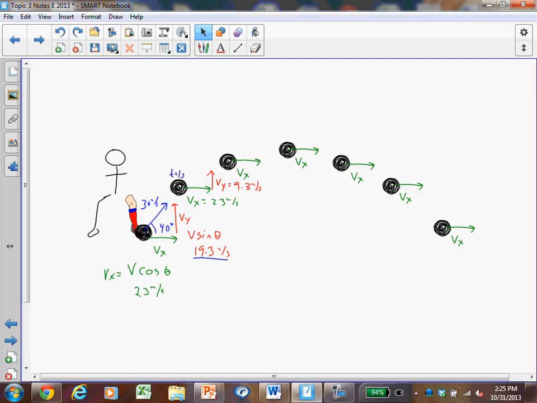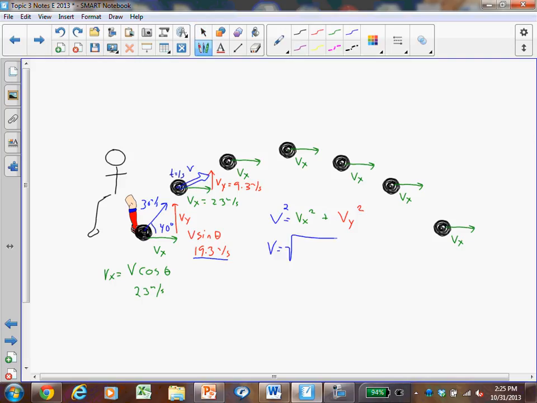So you might be interested in getting what the overall velocity is at that point. In that case, to get that overall velocity, you would do Pythagorean, right? And so V squared would be Vx squared plus Vy squared, which would be V is the square root of 23 meters per second squared plus 9.3 meters per second squared.